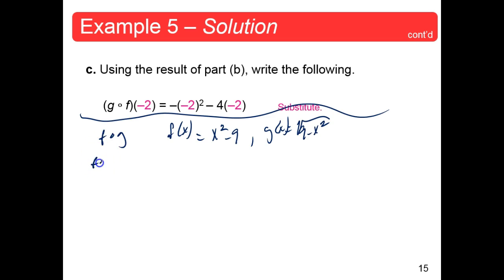What does f composed with g of x mean? F, parentheses, g of x, close, close. And that would mean, do what? F of the square root of 9 minus x squared. Okay? And what does f tell you to do?